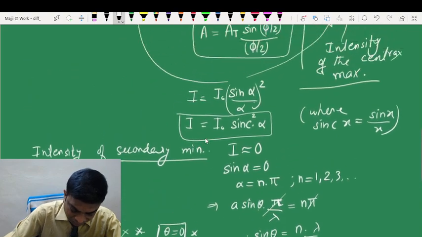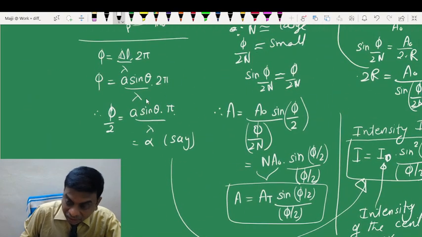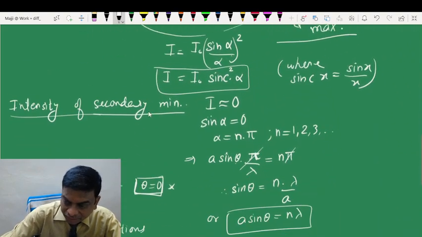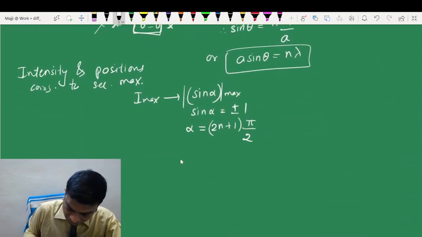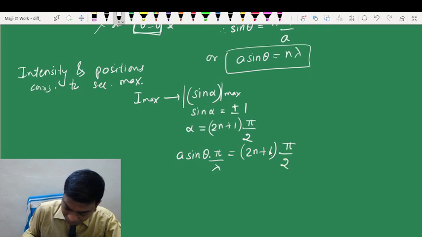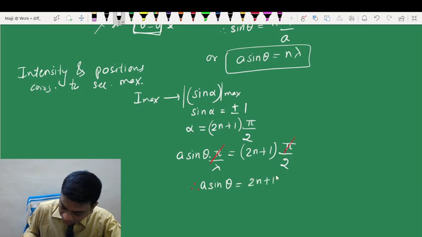And alpha is a sine theta pi by lambda, which equals 2n plus 1 into pi by 2. So cancelling out pi on both sides, a sine theta is an odd multiple of lambda by 2.